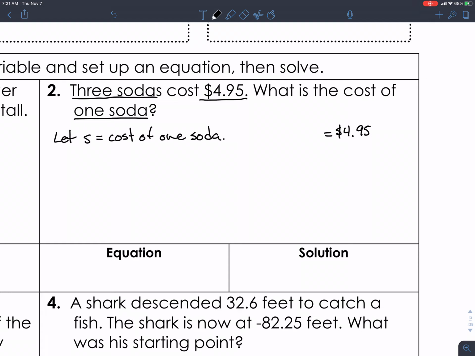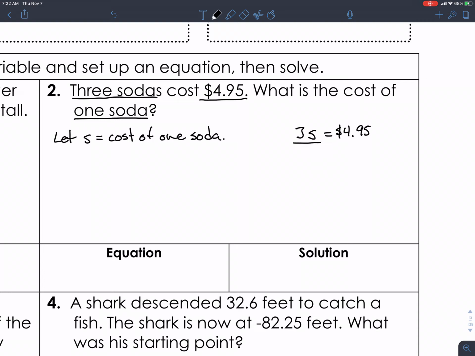Now we need to figure out the cost of 1 soda. How many sodas did they buy? 3 sodas, so that's just 3S. 3 times the cost of 1 soda should equal $4.95, because that's literally what the sentence says. Then we just go through and solve it.